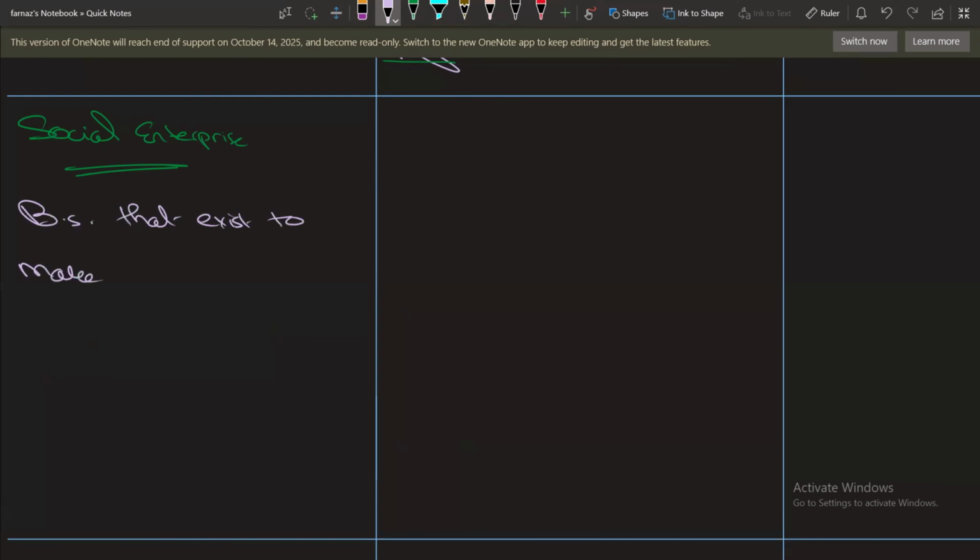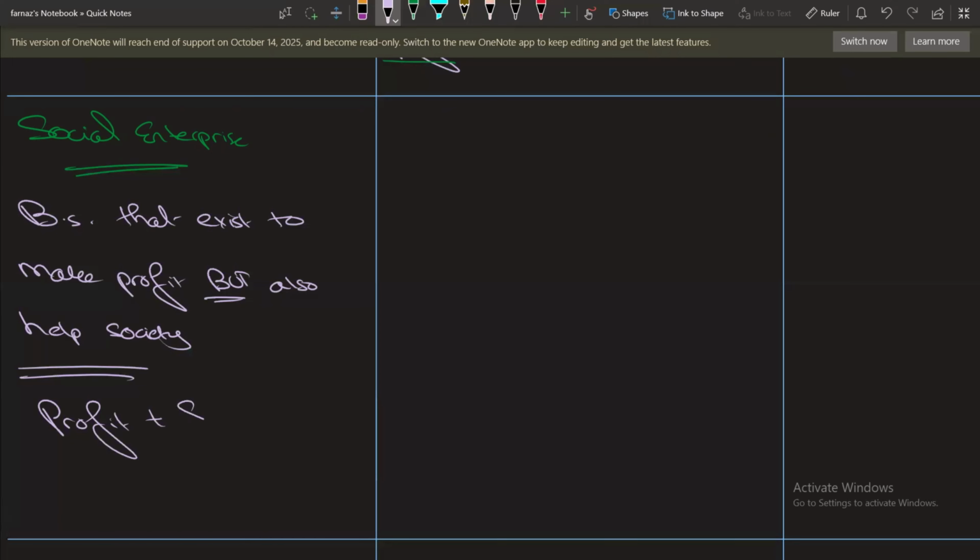You actually make profit, but remember, but also help society, right? So their main goal is profit plus social welfare both. Private's main aim is profit, public's main aim is social welfare or providing services to the public. Here, profit plus social welfare goal.